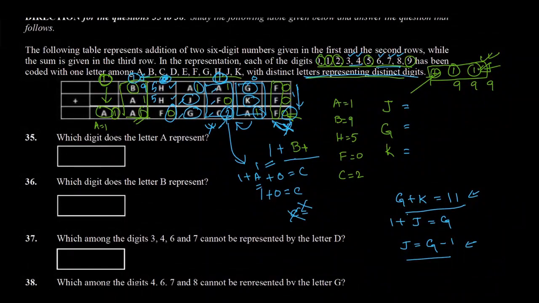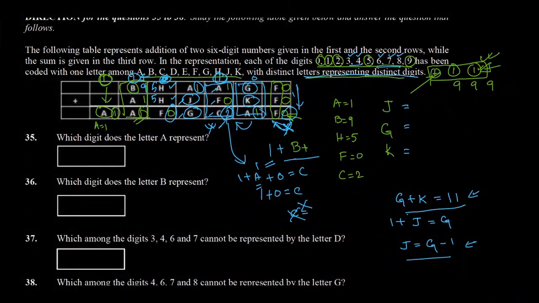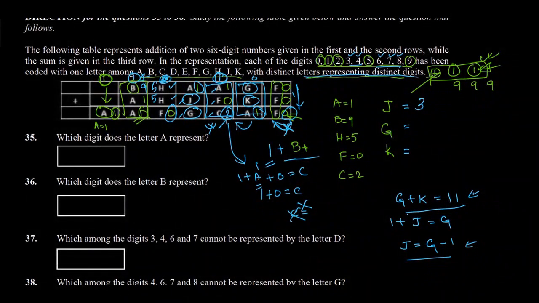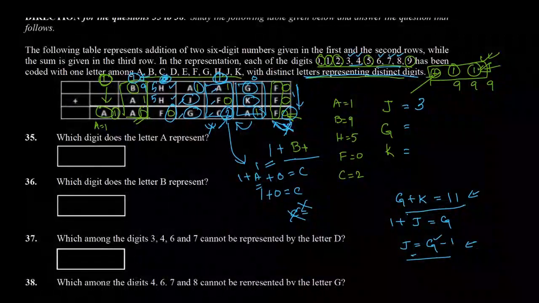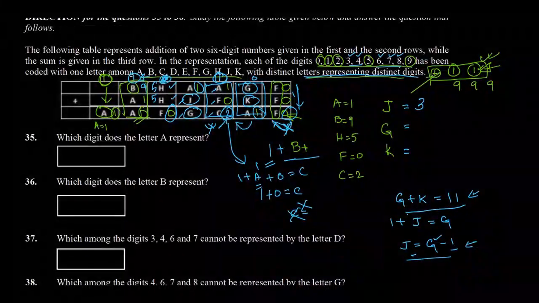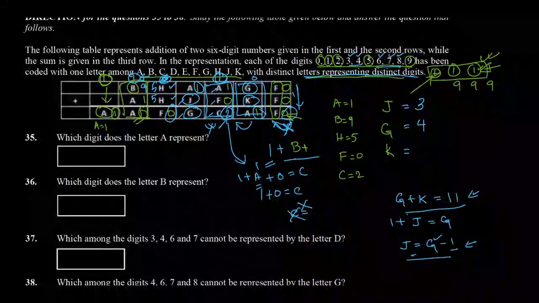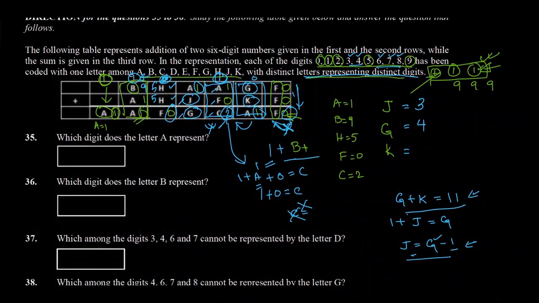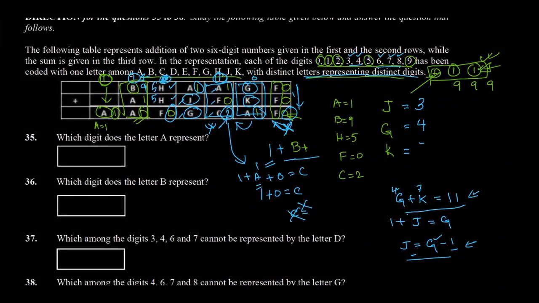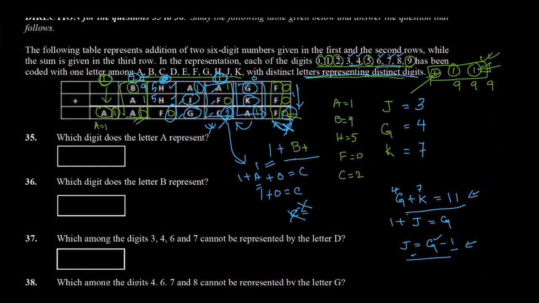So suppose we take the value of j as 3. So j as 3 means g is equal to 3 plus 1. So g would be 4. And if g is 4, then k becomes 7. So this is one possibility.